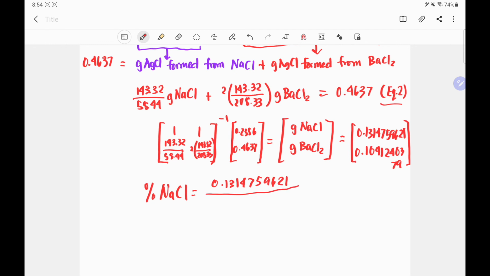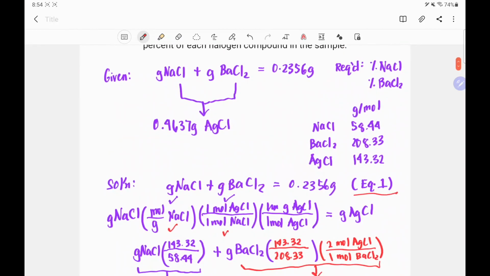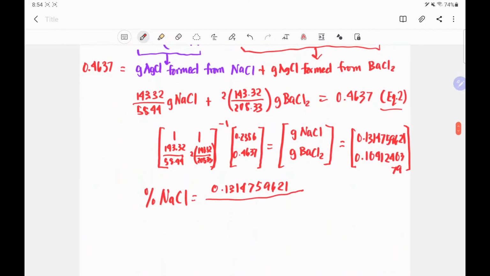The percentage of sodium chloride should then just be 0.1314759621 all over our initial sample mass, which is 0.2356 grams, times 100%. That's 55.80%.